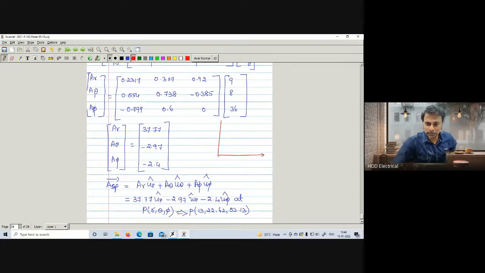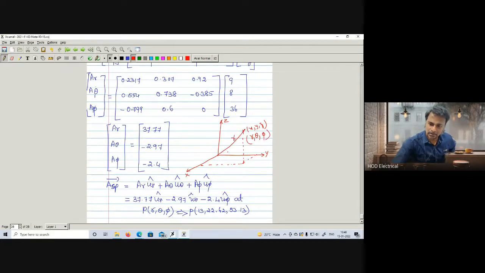That means you can represent this point diagrammatically. This is your x-axis, y-axis, z-axis. The point in the previous Cartesian coordinate system is drawn using the parallelogram. This is the way x, y, z. Now we are changing that into r, theta, phi.